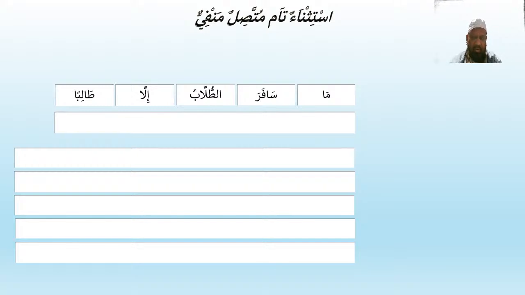Jawazul amrain means two of the things are allowed. Number one is nasbul mustasna or al-ittiba'.